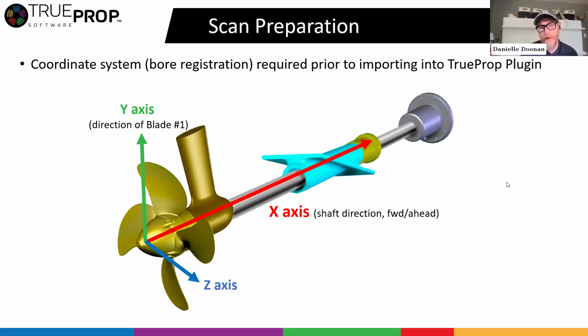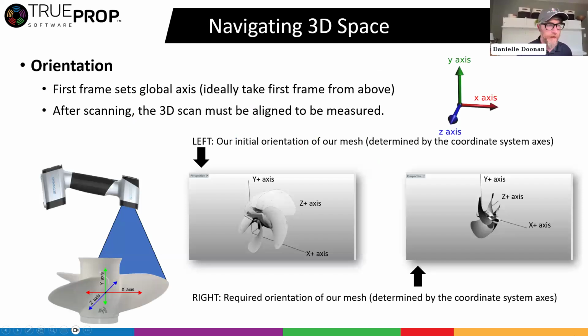And then, you may have a blade of interest that you want to put at, say, 12 o'clock. So when you do the scan, the very first frame you shoot becomes the coordinate system. And it's not like we sit above it.